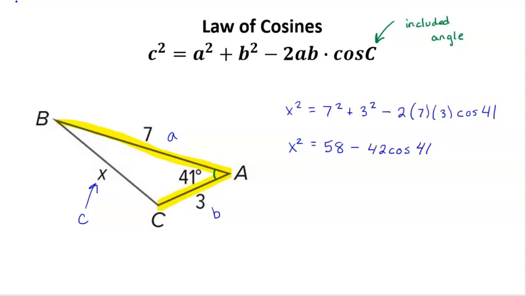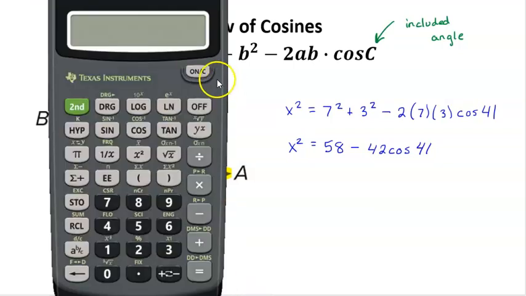And so now from here, I can go ahead and type that into my calculator. And so I have 58 minus 42 times, and then make sure you put that 41 first, then hit your cosine button, and then don't forget to hit that equals.